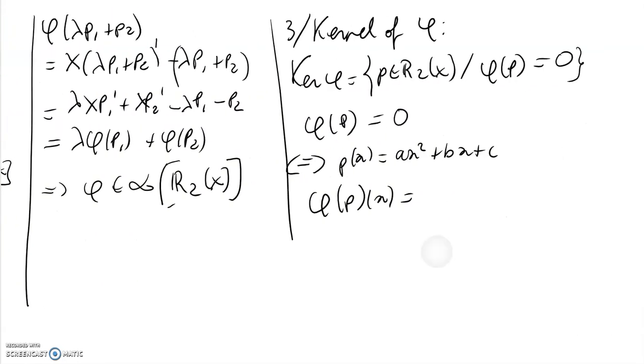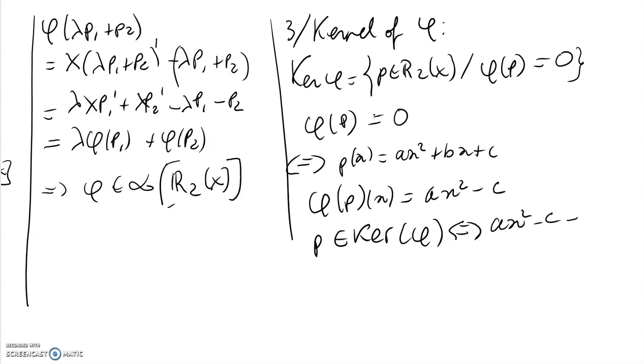So if p belongs to the kernel of phi, that means that ax^2 minus c is equal to the 0 polynomial.